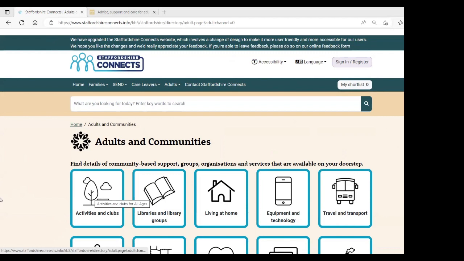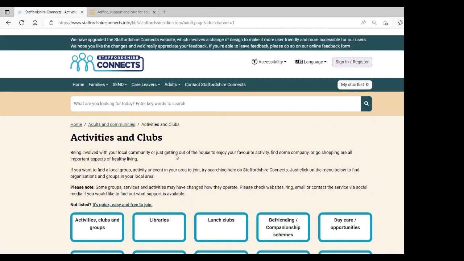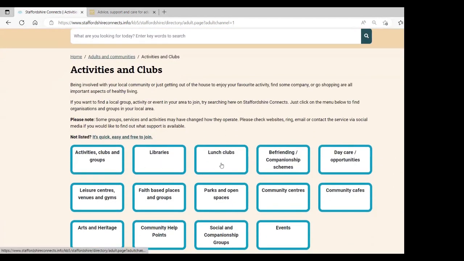You've got libraries, you've got living at home and other things. So if we click on activities and clubs, you could look at luncheon clubs if you needed to. You can look at befriending schemes, leisure centres, faith-based groups, parks, community centres.